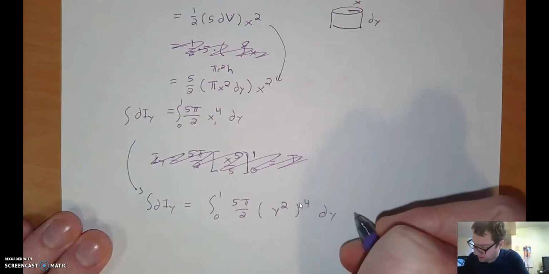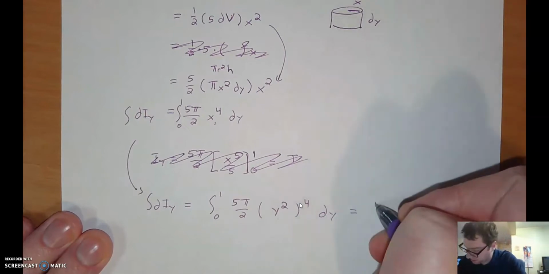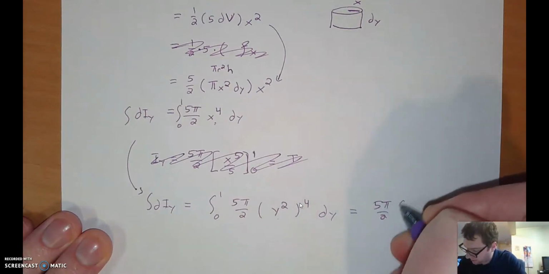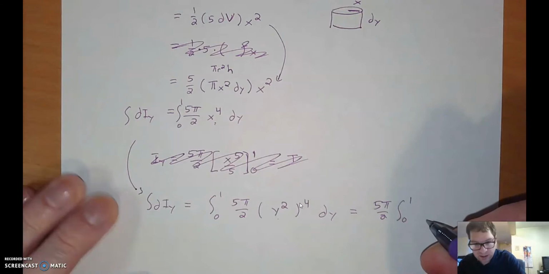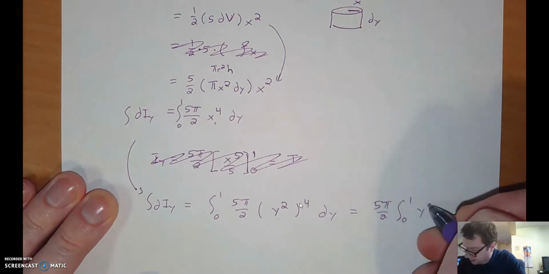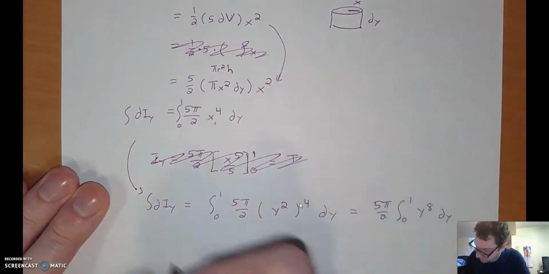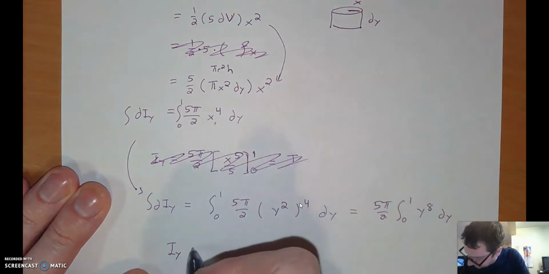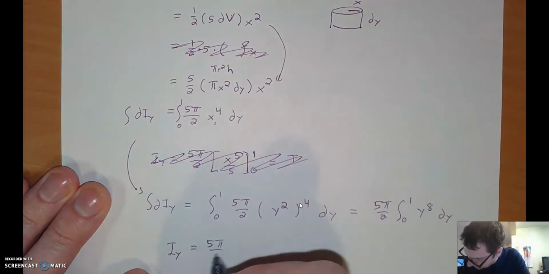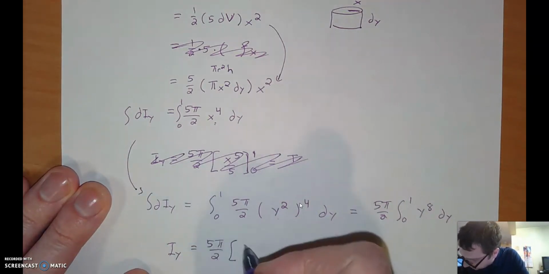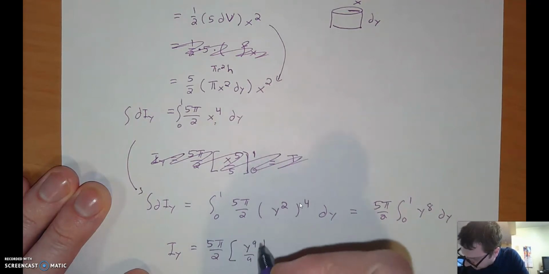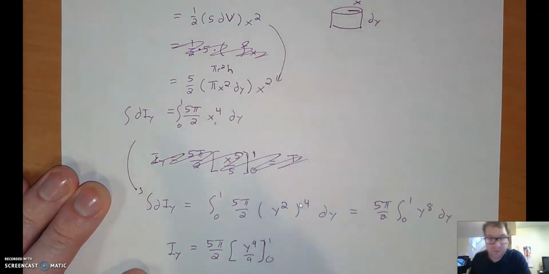And so now I will get that this is equal to 5 pi over 2 integral 0 to 1 of y to the 8th power dy. All right, and we're almost done now. I_y is 5 pi over 2 times y to the 9th over 9, from 1 to 0.